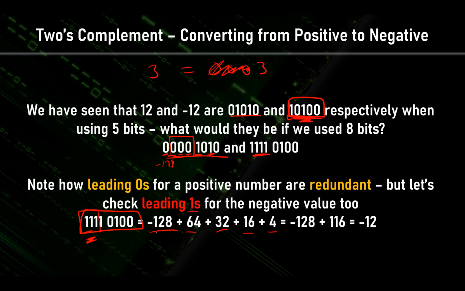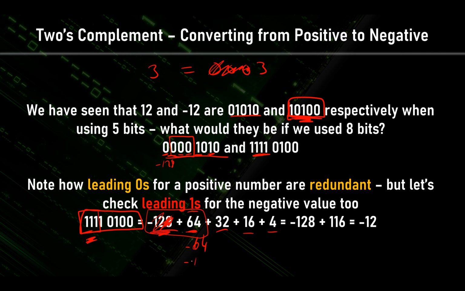If you notice, when we do minus 128 plus 64, that just becomes minus 64, our running total for these two. And that's just equivalent to not having this one.